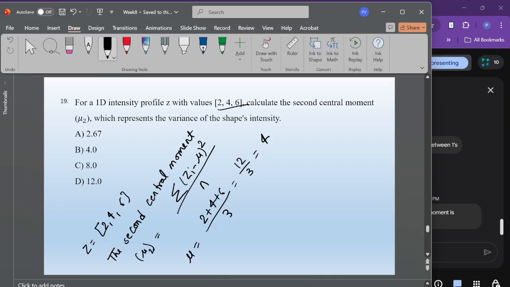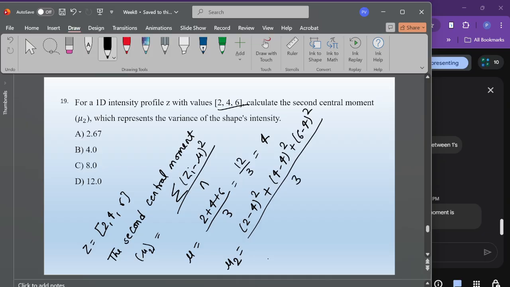Now put this in to calculate mu2. So it is the summation over all the Zi's: 2 minus 4 whole square plus 4 minus 4 whole square plus 6 minus 4 whole square, divided by 3.